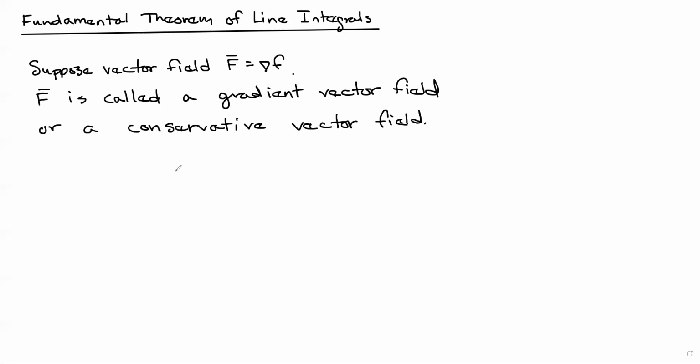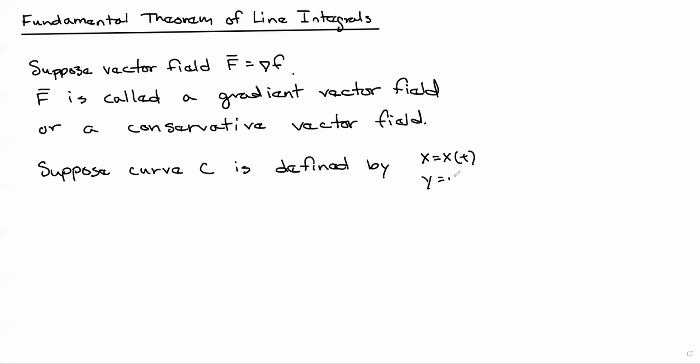All right, so we're going to next suppose that we have a curve. And curve C is defined by either parametric equations, x equals x of t, y equals y of t, or if you combined those definitions, you could form them into a vector function r of t.